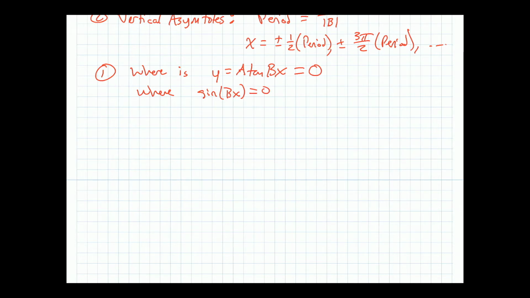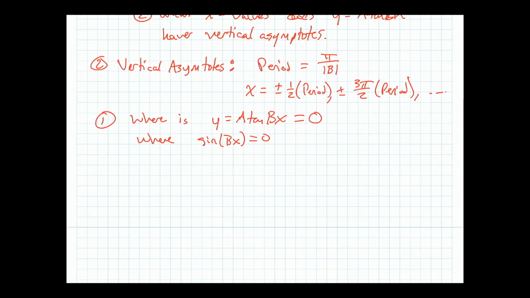Which is, where would that be? Well, normally, sine x is 0 at 0, pi, 2 pi, 3 pi, 4 pi. But here, where we got a b, it's going to be plus or minus, well, 0 first of all, so I should write that, sorry. 0, and then plus or minus 1 period, plus or minus 2 period, plus or minus 3 period, and so on.